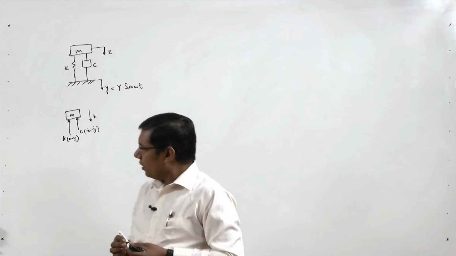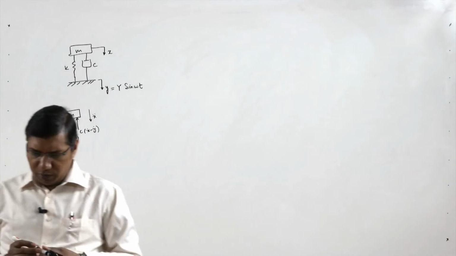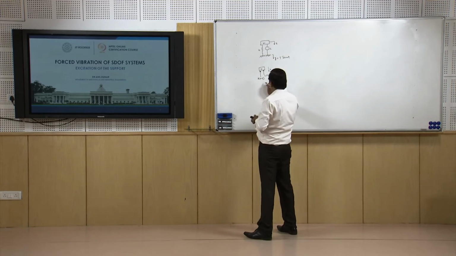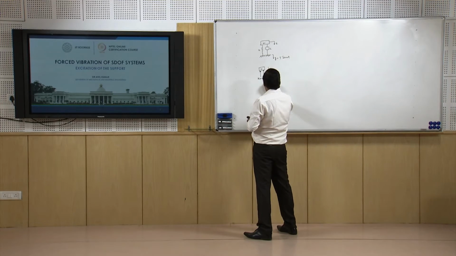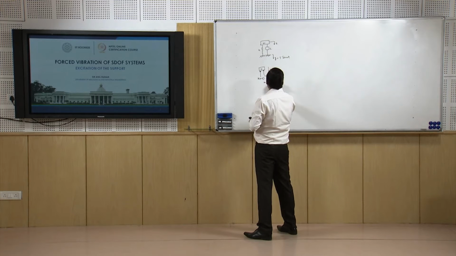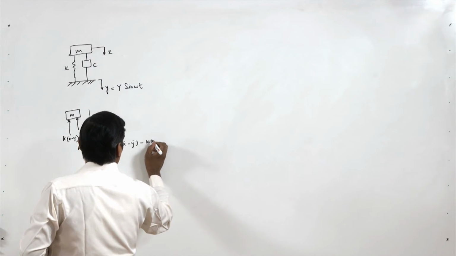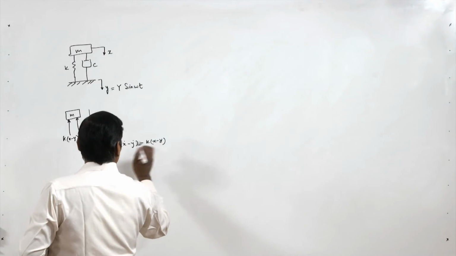Now we can write the equation of motion applying Newton's law. Sigma F equal to m x double dot. So here m x double dot equal to minus c(x dot minus y dot) minus k(x minus y).